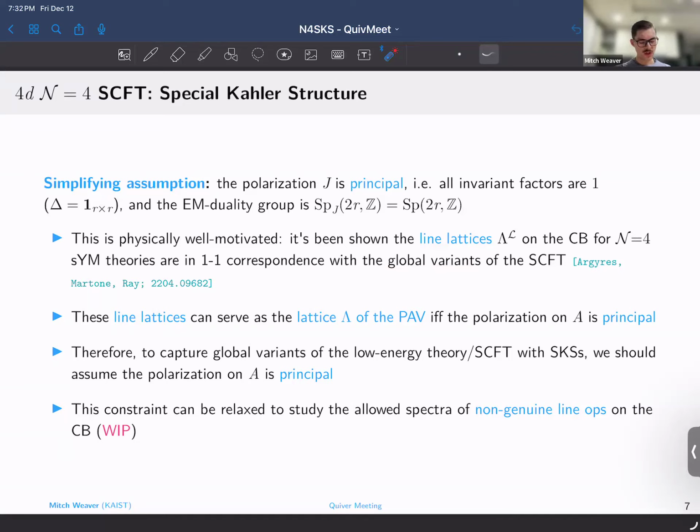And furthermore, they show that these line lattices can only serve as the lattice of the PAV if the polarization on A is principal.